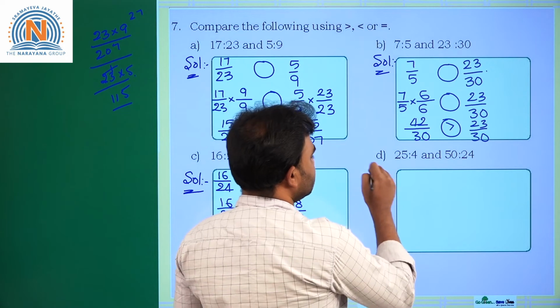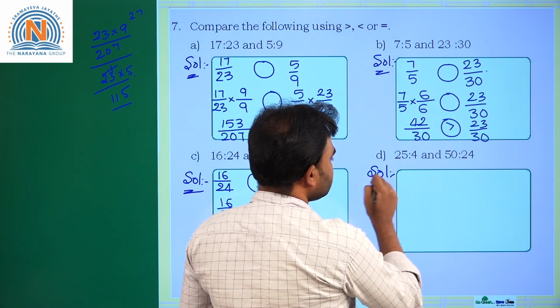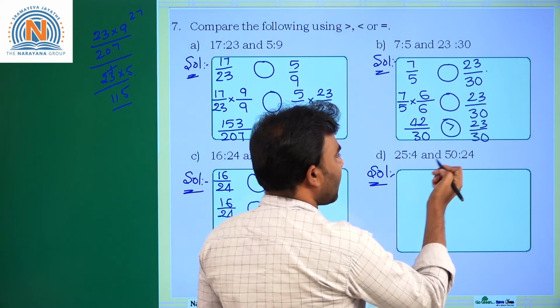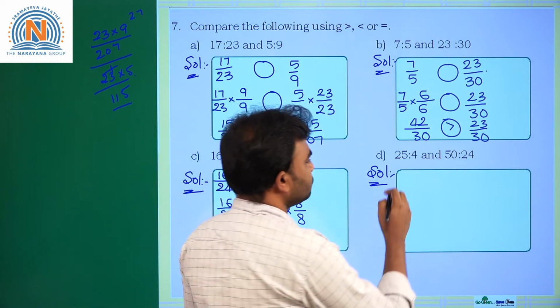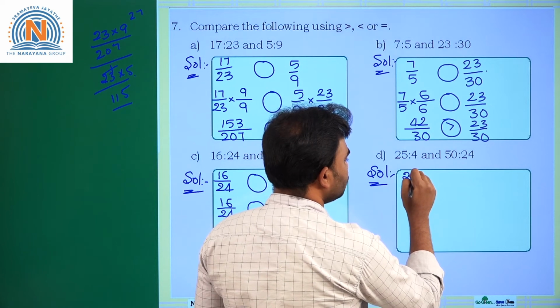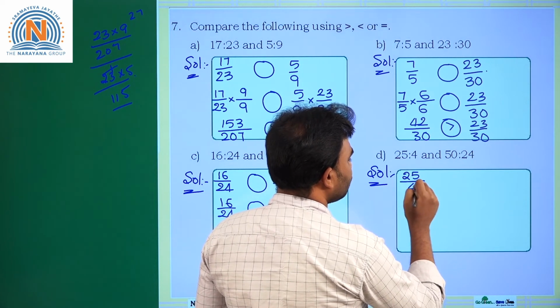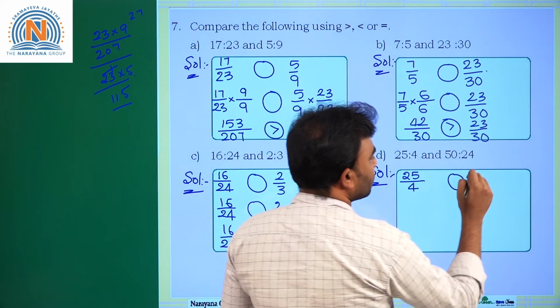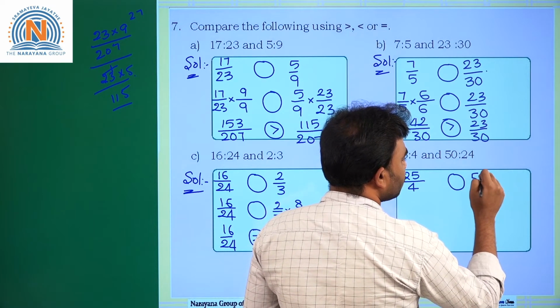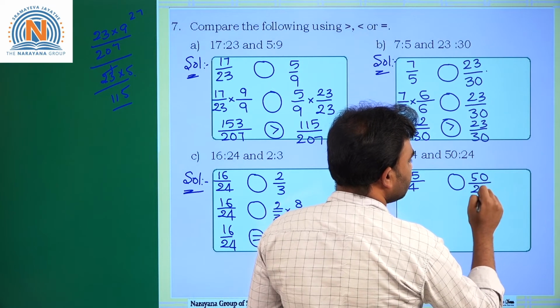Next one, D solution. 25 is to 4 and 50 is to 24. The fraction form of 25 is to 4 is 25 by 4 and 50 is to 24 is 50 by 24.